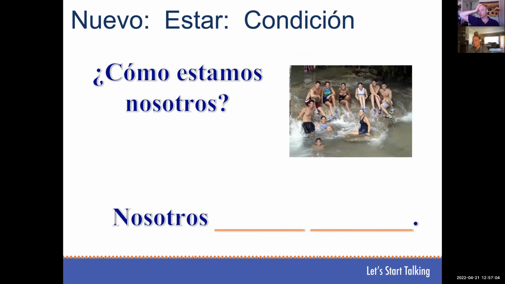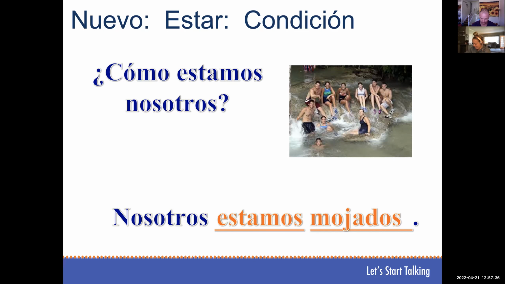¿Cómo estamos nosotros? Nosotros estamos wet, or looking for. Wet. So húmedo. I don't know. No idea where you're going with that one, but wet is mojados. Mojado. So I don't know why I mixed up the J and the M. So mojados.